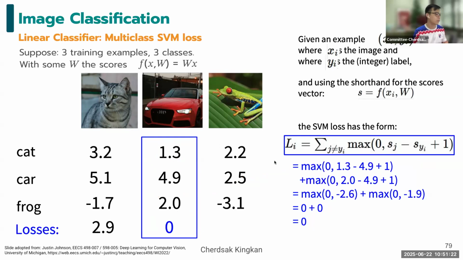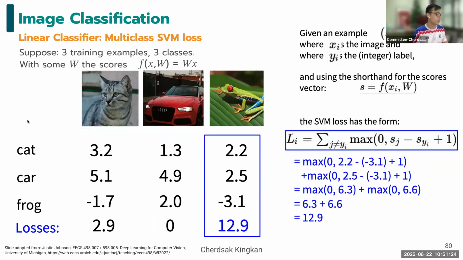Next, if you compute the loss for this image, you pass it into the linear model and it gives you this score for each class. Computing for this one, you get a high value of 6.3, so the max between 0 and 6.3 is 6.3. Then the max between 0 and this term is 6.6.